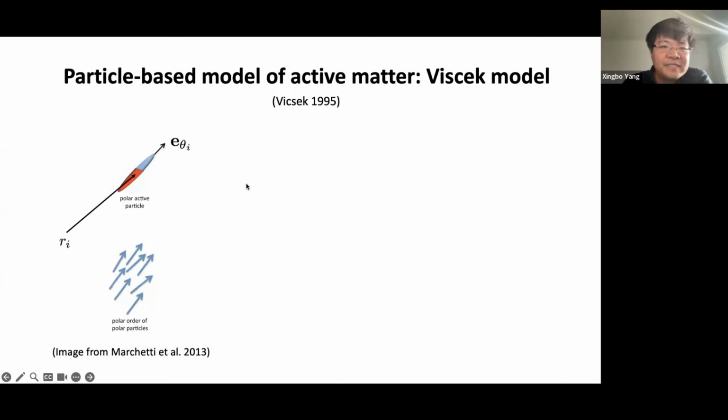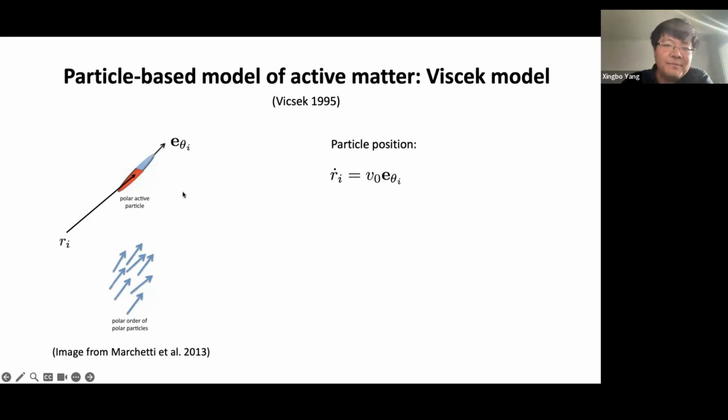One approach is particle-based simulation, which was pioneered by Vicsek in 1995, who first proposed this physics way of studying the collective behavior of self-propelled particles. In this talk, I will be throwing out some equations and formal theory, but I will try to make it intuitive, so you don't have to understand all the gory details, just the concepts.